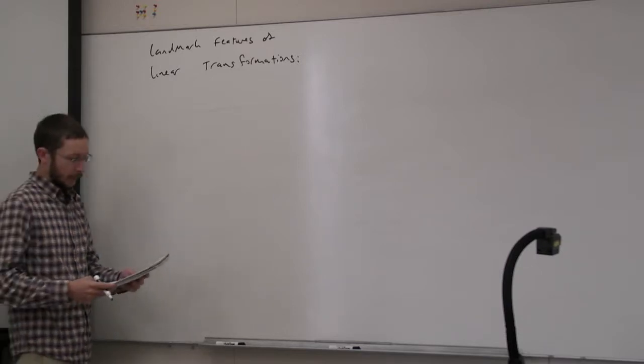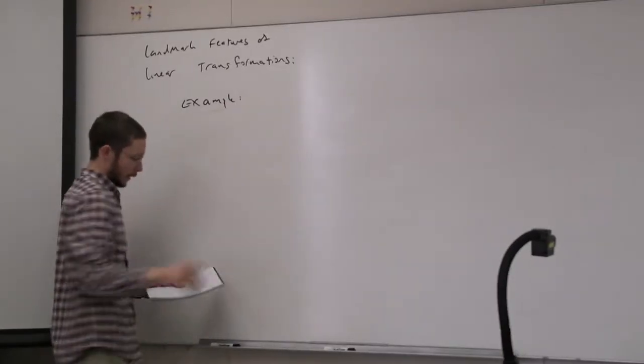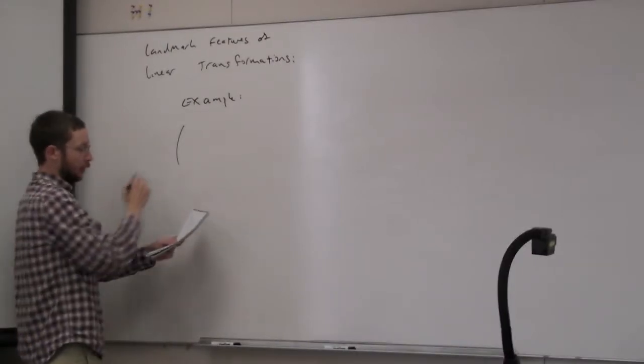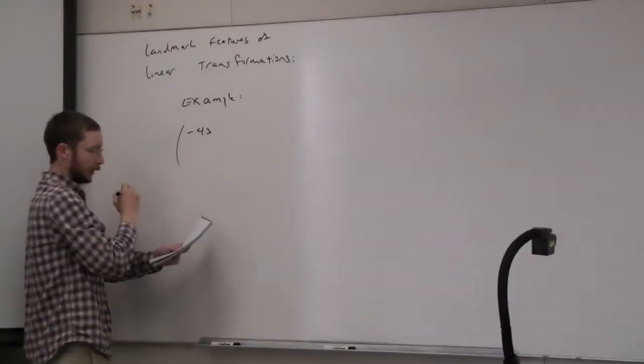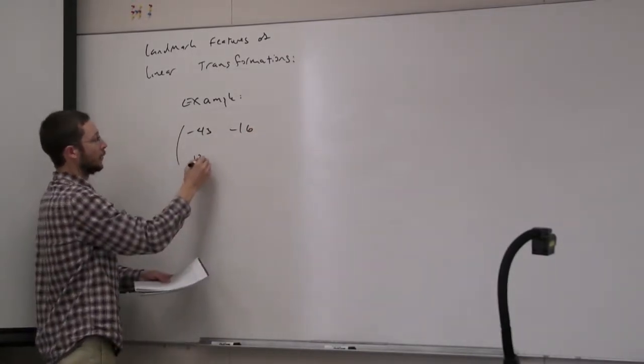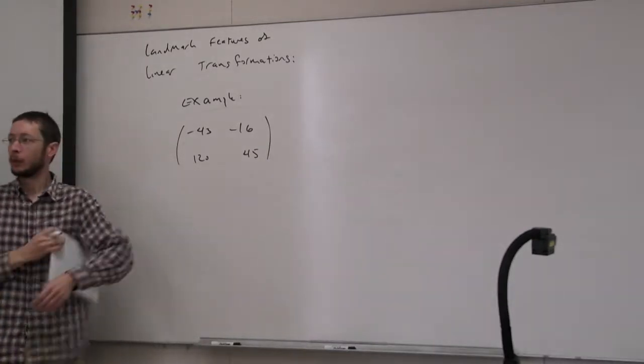And so, as an example, let's go ahead and consider this transformation here. Suppose we have minus 43, minus 16, 120, and 45. This is what we're talking about here.